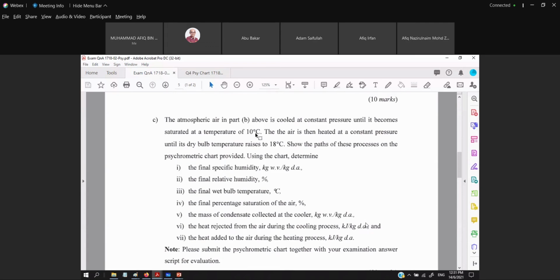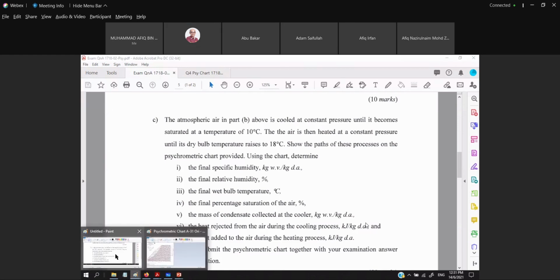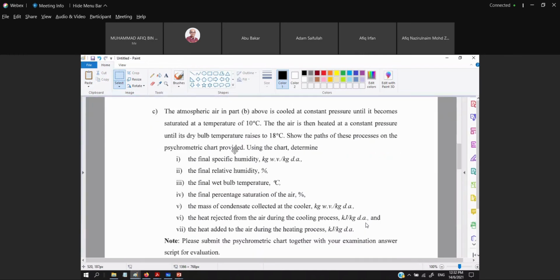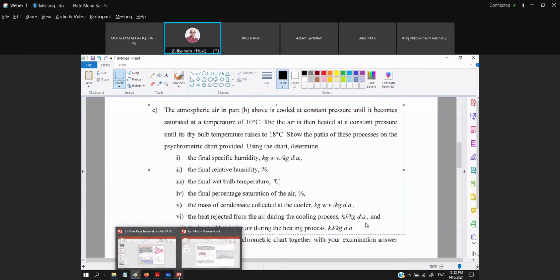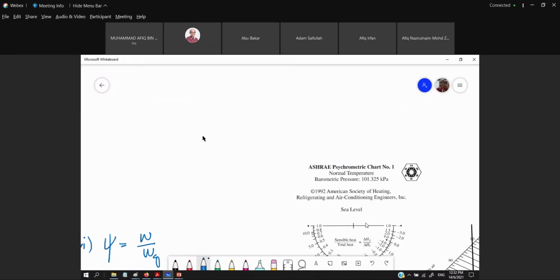Yeah, this is involving a cooling process. Right? So let me copy that. Paste it. Part C. Copy. Paste it.